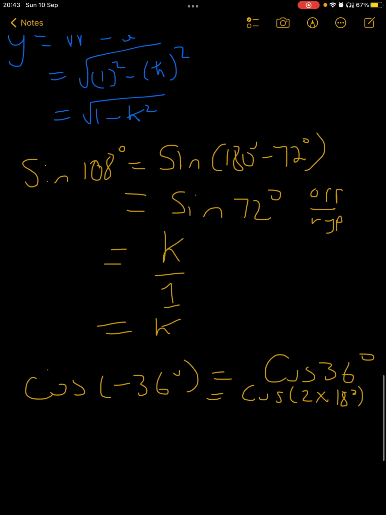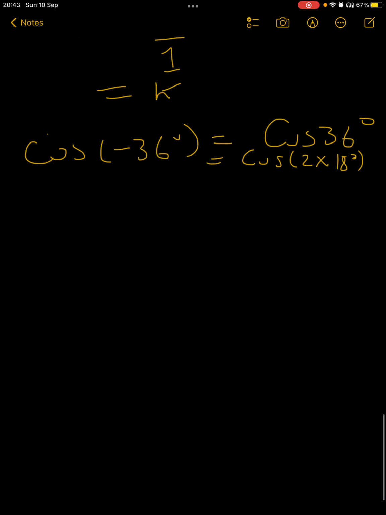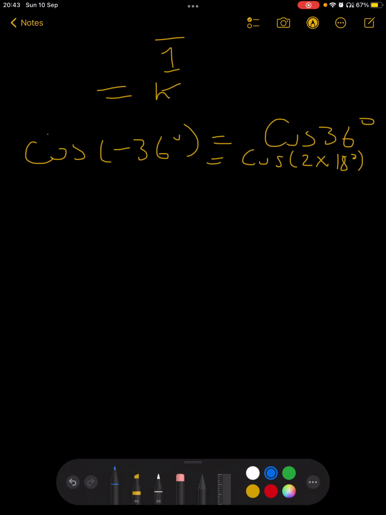So we must go to the identities. Remember we had 3 double angle identities.